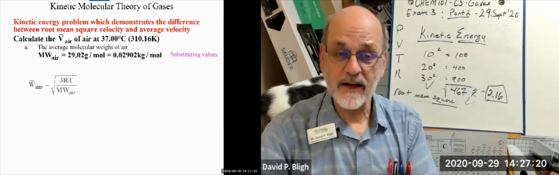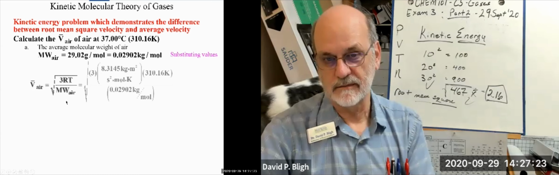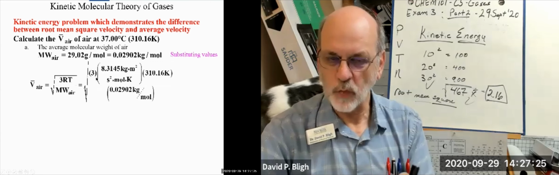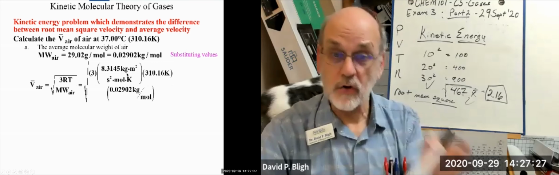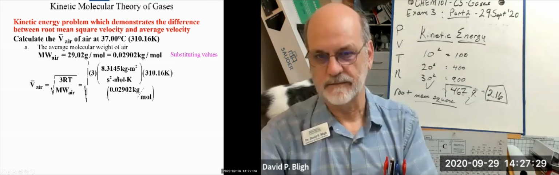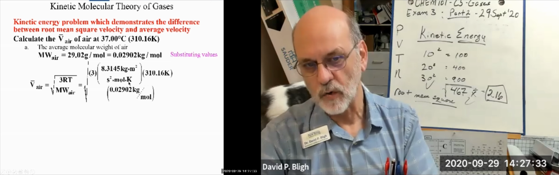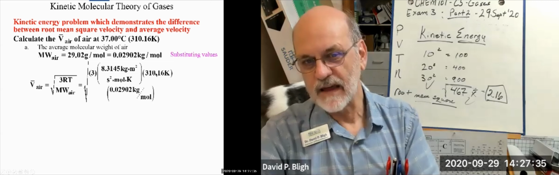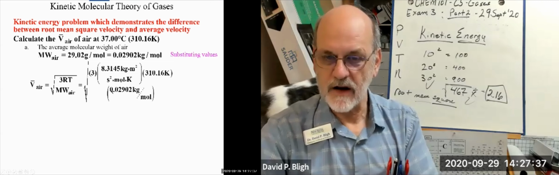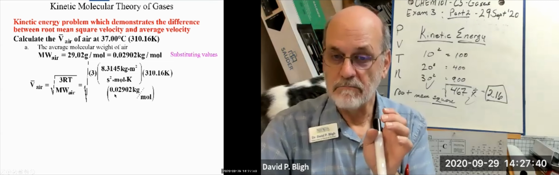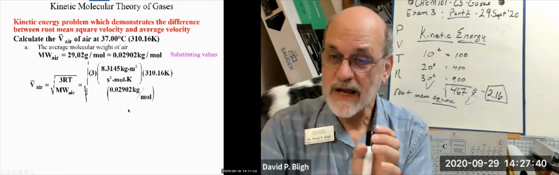Then we substitute values in that equation. So it looks kind of unwieldy, but there I'm putting all the units in here so we can track them. So this is joules, kilogram meter squared per second squared, then mole K. And then here's the temperature, and there's the molecular weight in SI units, kilograms per mole.